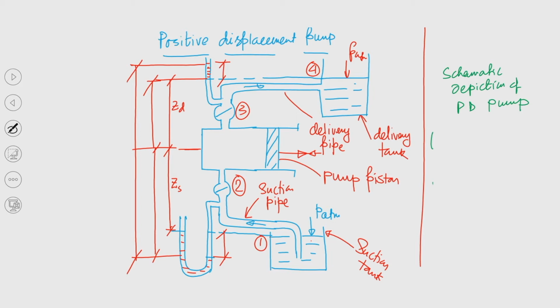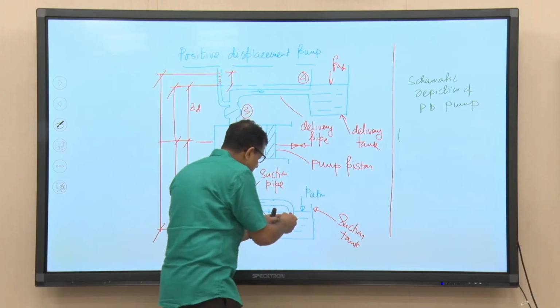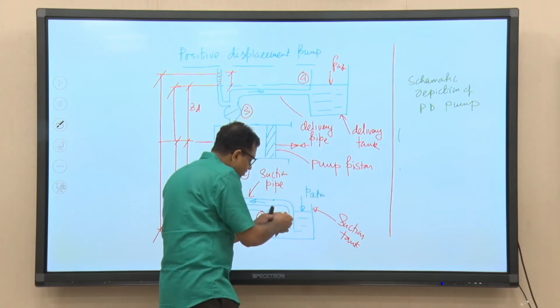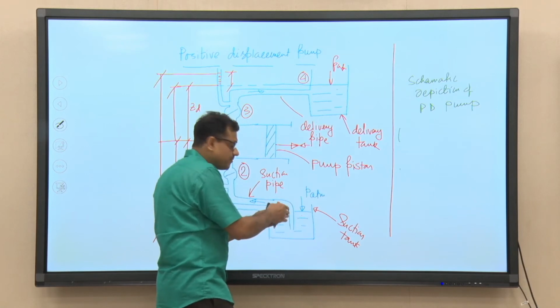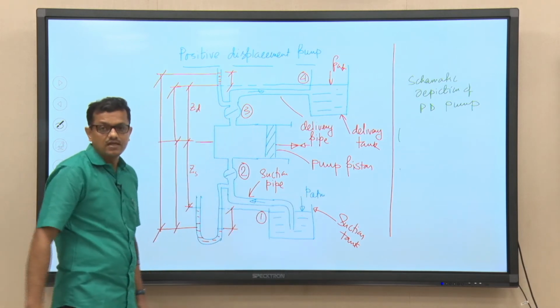So, when pressure inside the cylinder is less than the atmospheric pressure, and that is the driving force which leads to the transport of liquid from point 1 into the pump cylinder. When liquid is getting transported from point 1 to cylinder by virtue of the pressure difference, this amount, I mean the liquid goes into the pipe in presence of this atmospheric pressure, right.